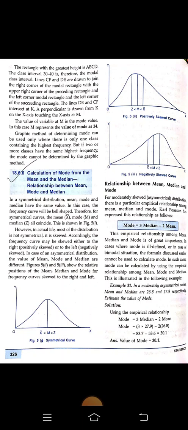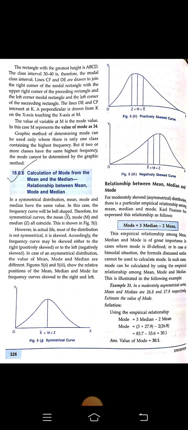This empirical relationship is of great importance. Where the mode is ill-defined, or in a bimodal situation, the formula discussed earlier cannot be used to calculate the mode. In such cases, the mode can be calculated using the empirical relationship among mean, median and mode.